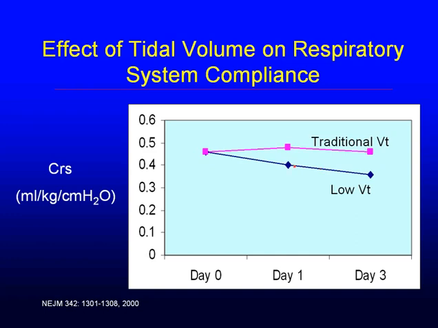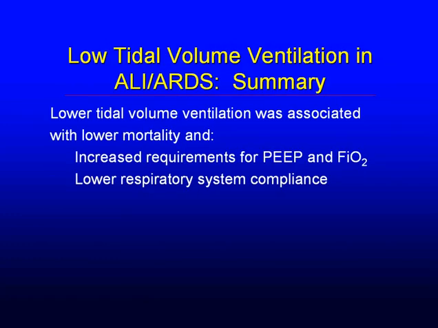And then on days 1 and 3, values of respiratory system compliance were lower in patients that received the low tidal volume approach. So it appears, in summary, that with lower mortality, there was an interesting physiologic change which suggested that maybe not everything was better with the small tidal volume approach. There were increased requirements for PEEP and FiO2 and lower respiratory system compliance.